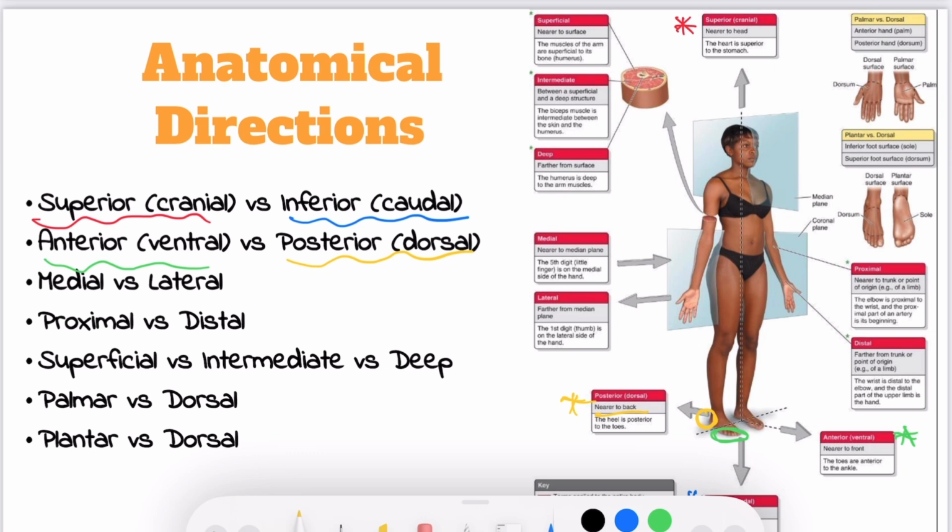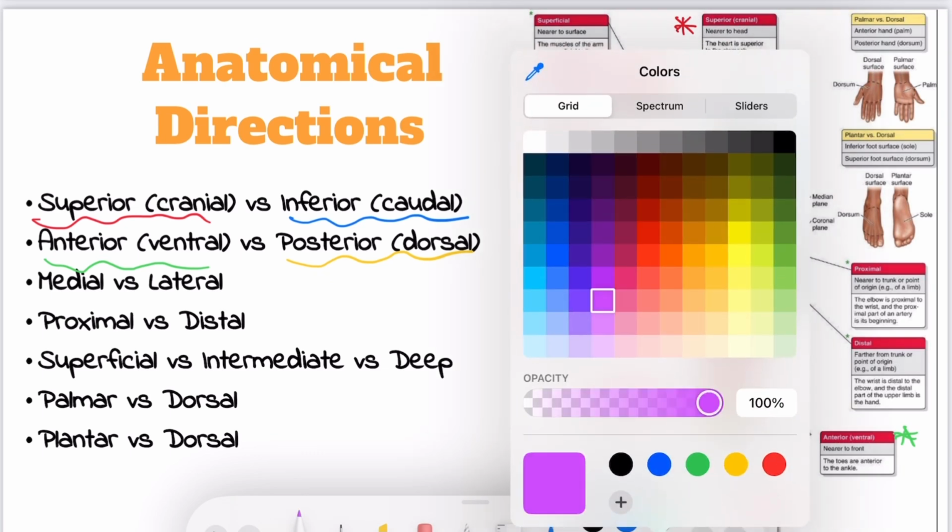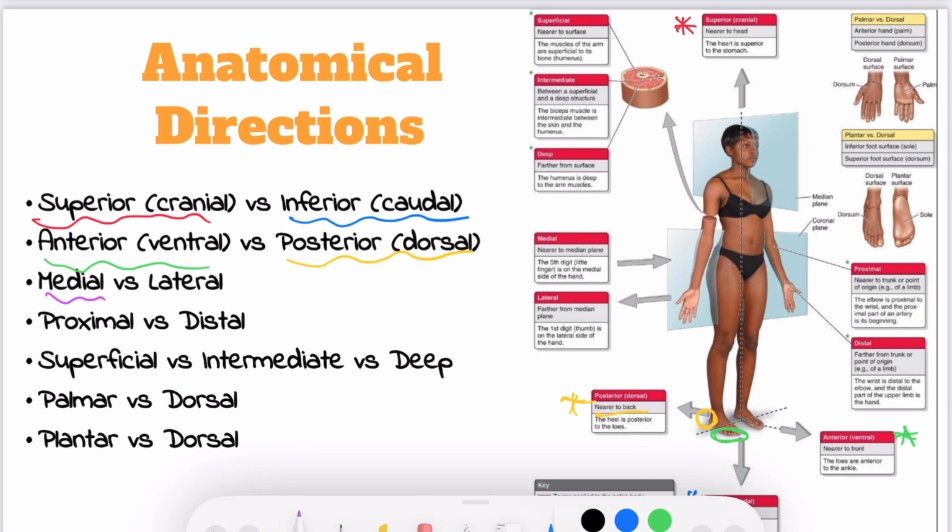Now let's differentiate medial versus lateral. So medial is nearer to the median plane. So the median plane of the body, and you have to remember that the median plane divides the body in half.